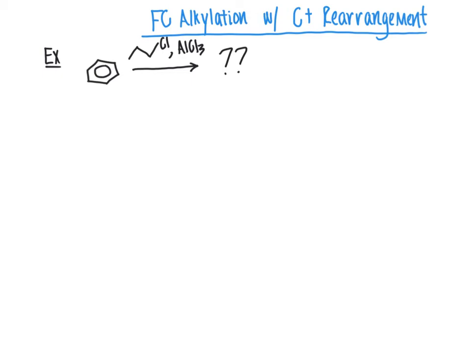So first things first, we are going to create a stronger electrophile, a good electrophile for this reaction. In order to do that, we follow the same template that we've been doing all along, which is we take our alkyl halide, react it with our catalyst, aluminum trichloride, AlCl3.